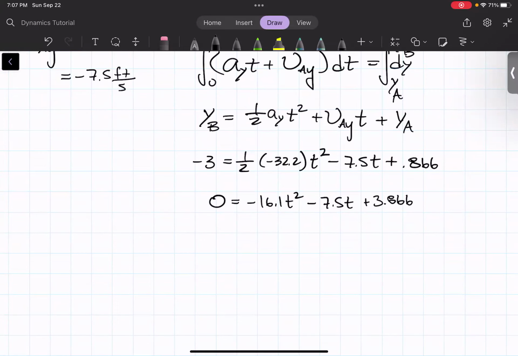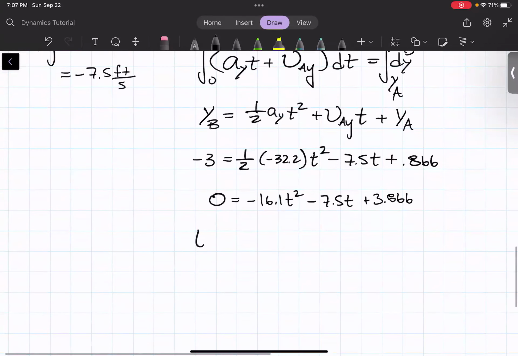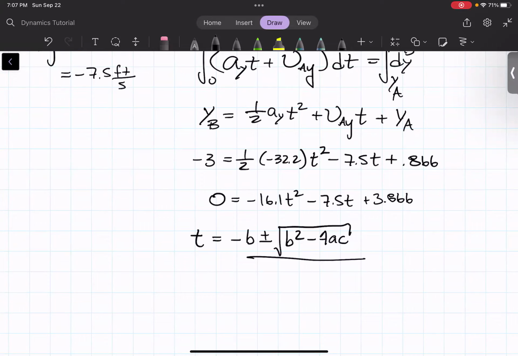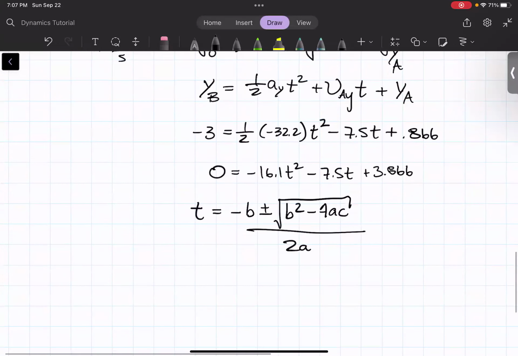We plug it in the quadratic formula, my bad. So t is equal to minus b plus minus the square root of b squared minus 4ac, and then over 2a. Essentially what we're trying to get is the roots to solve for time.